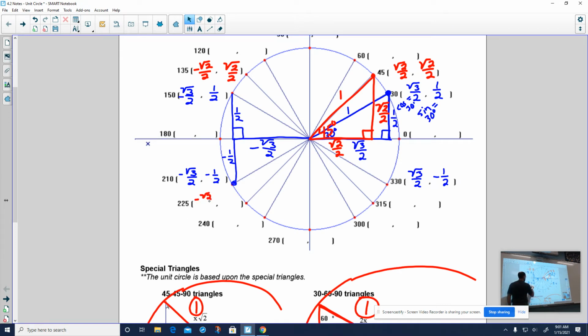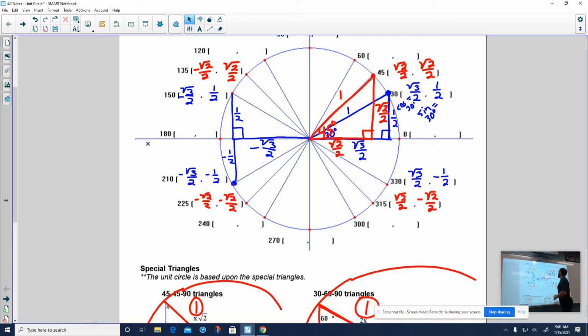Both of them would be negative when you're in quadrant 3. And then going to quadrant 4 here, I'm going to go back to the original, flip it down. So I would have a positive square root of 2 over 2 for my x value, but my y value would be negative in this quadrant. All right, so there, we just completed all the 45.